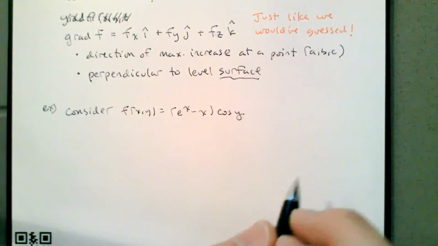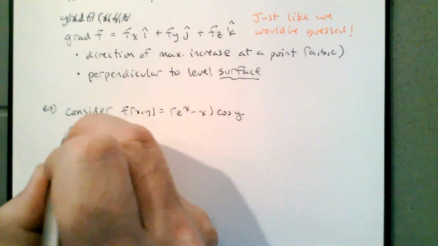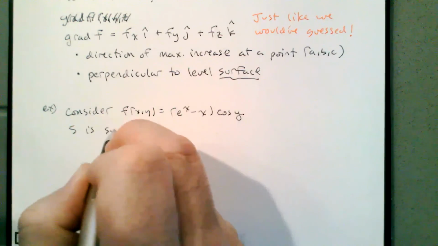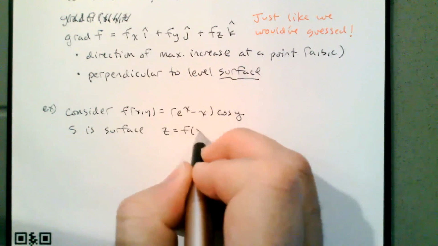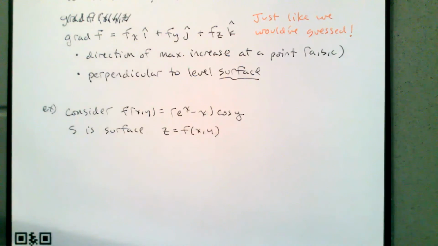Suppose S is the surface z equals f of x, y. So the problem is to find a vector normal to the surface.